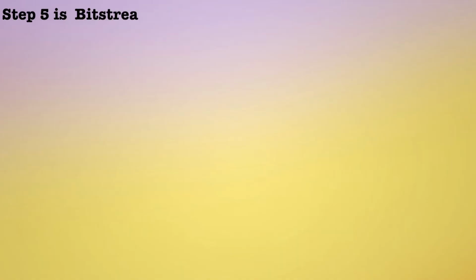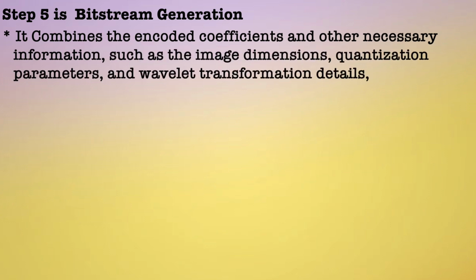The step 5 is bit stream generation. It combines the encoded coefficients and other necessary information such as the image dimensions, quantization parameters and wavelet transformation details into the compressed bit stream.